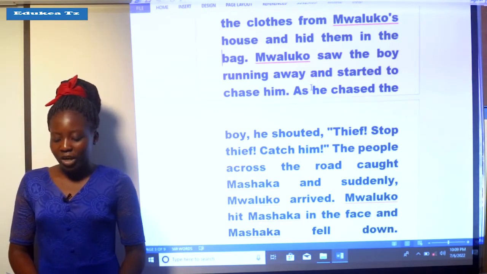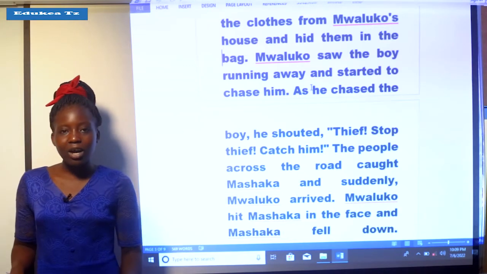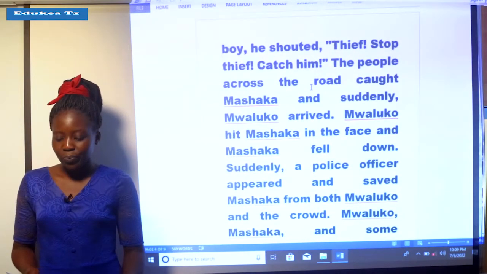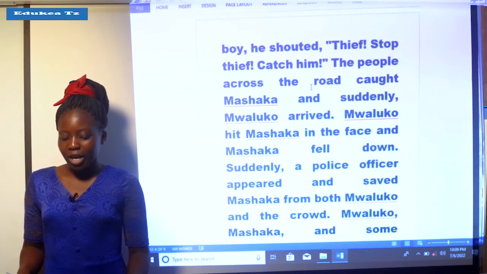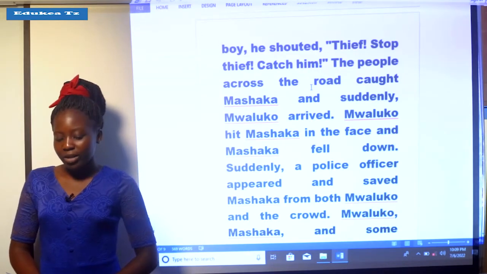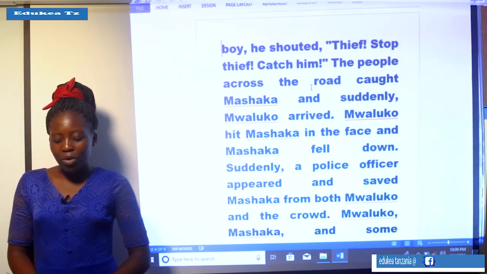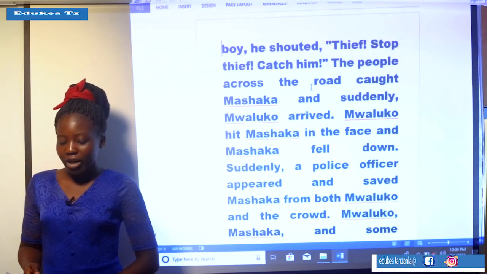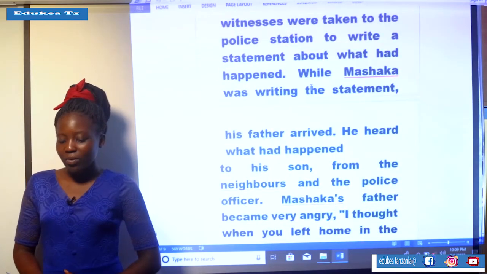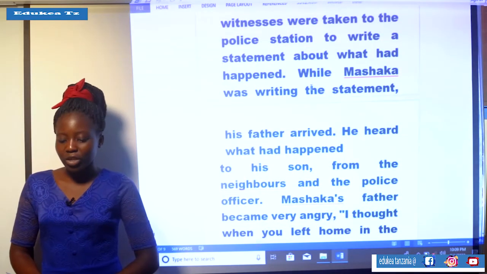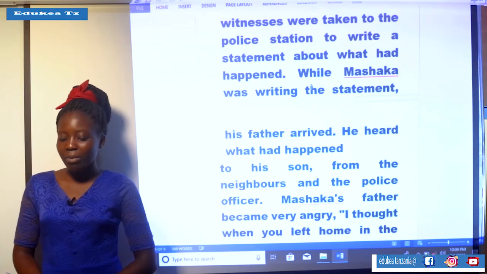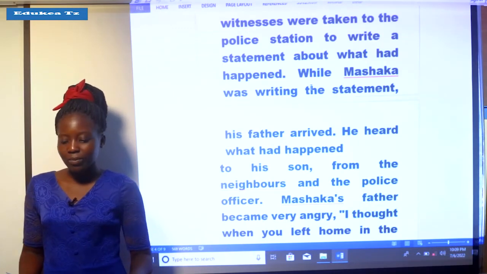Mwaluko hit Mashaka in the face, and Mashaka fell down. Suddenly, a police officer appeared and saved Mashaka from both Mwaluko and the crowd. Mwaluko, Mashaka, and some witnesses were taken to the police station to write a statement about what had happened.